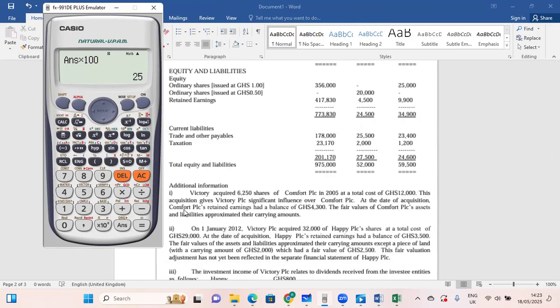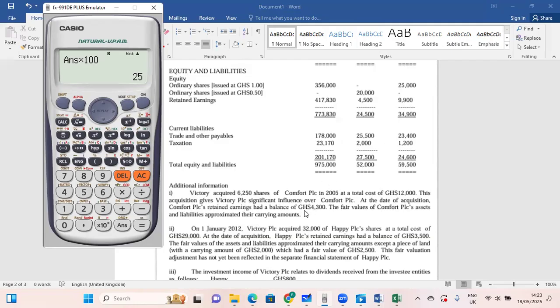At the point of acquisition, Comfort PLC's retained earnings had a balance of 4,300. The fair values of Comfort PLC's assets and liabilities approximated their carrying amount. So no revaluation and the likes happened there, right? So you see here, they've given you what?